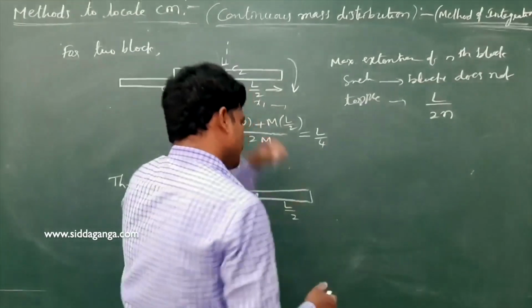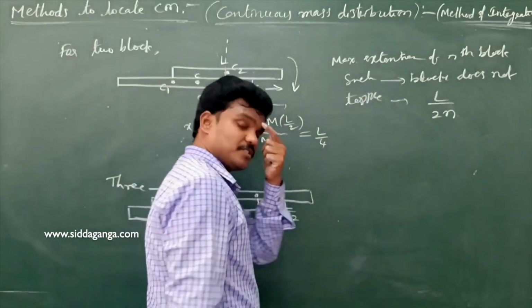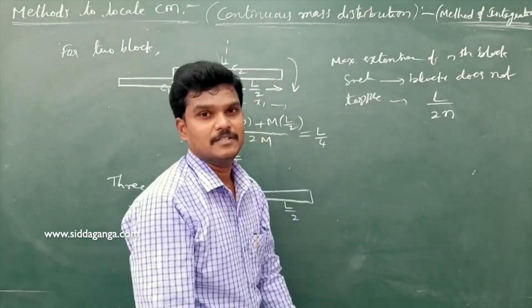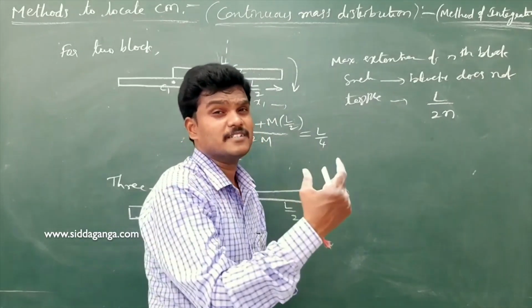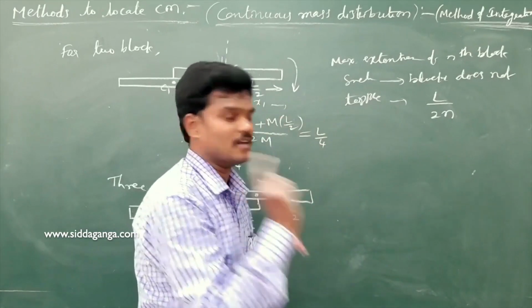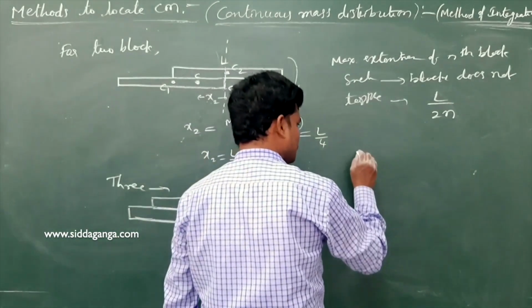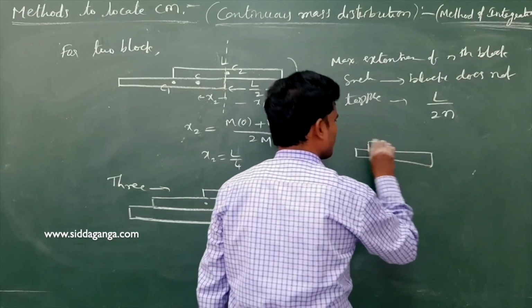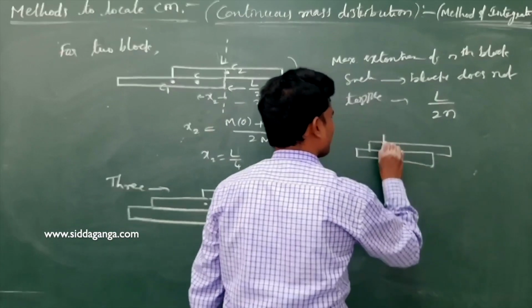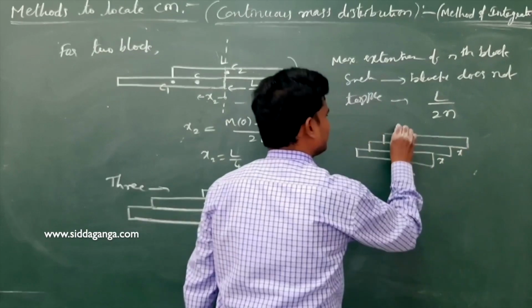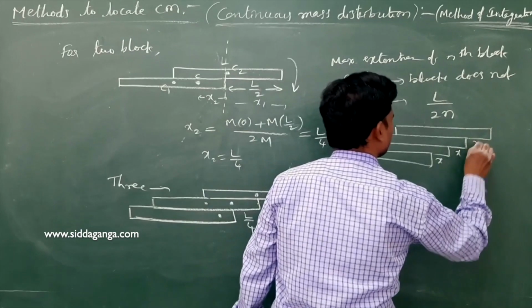Suppose they give 3 identical blocks, they place one over the other such that each one extends the same length, so that the blocks do not fall. So if you arrange like this, if they give 3 blocks, let us suppose x. If they give 4, x.